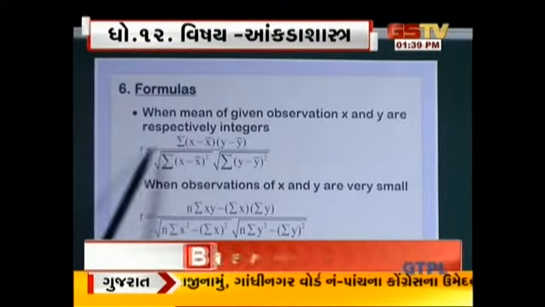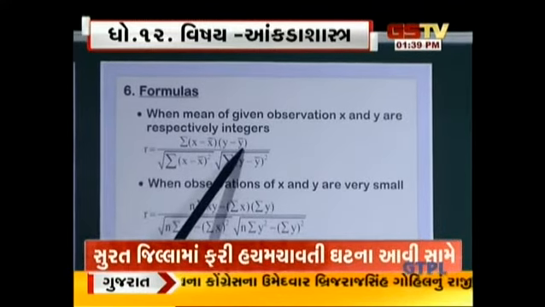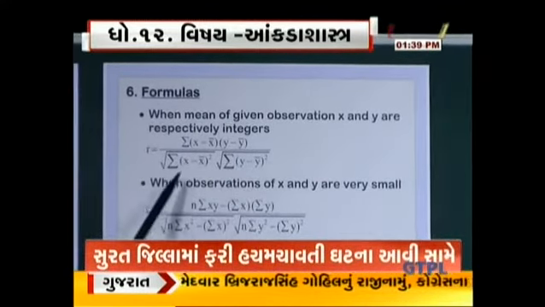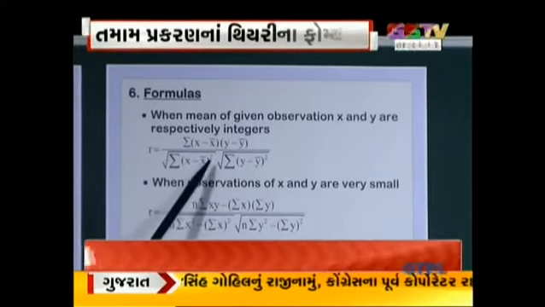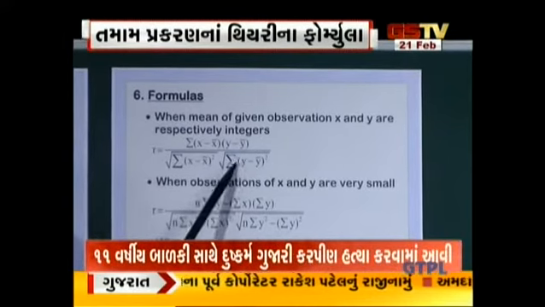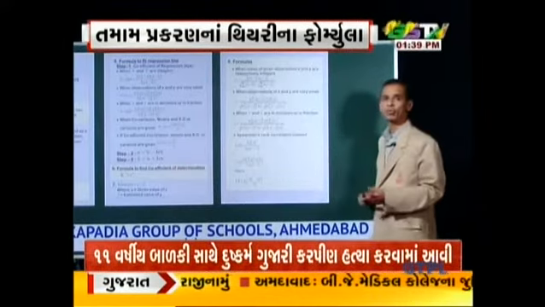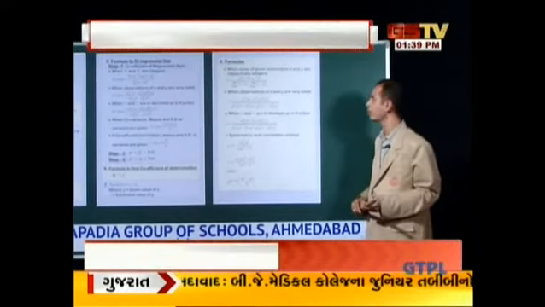R is equal to sigma (x minus x bar)(y minus y bar), whole upon root of sigma (x minus x bar) whole square into root of sigma (y minus y bar) square. Here x bar means mean of x and y bar means mean of y.